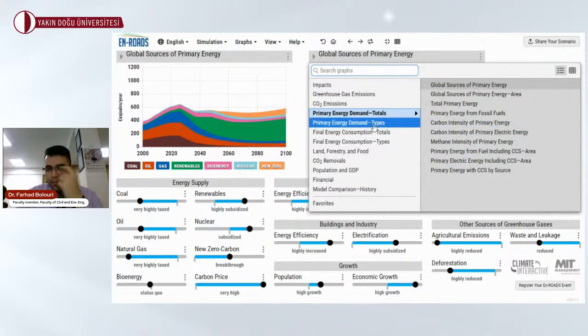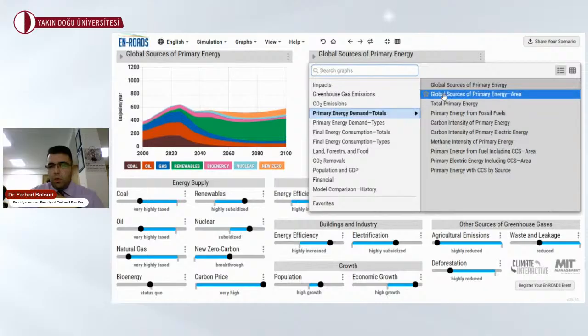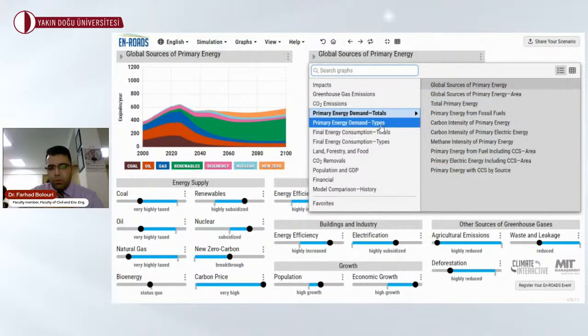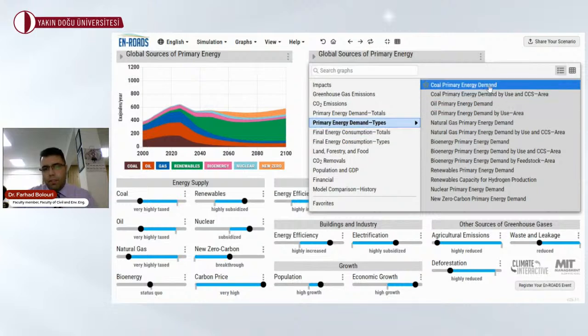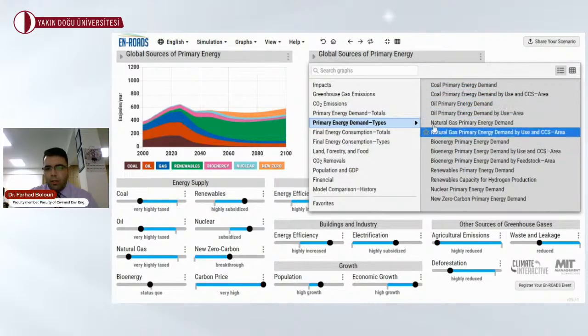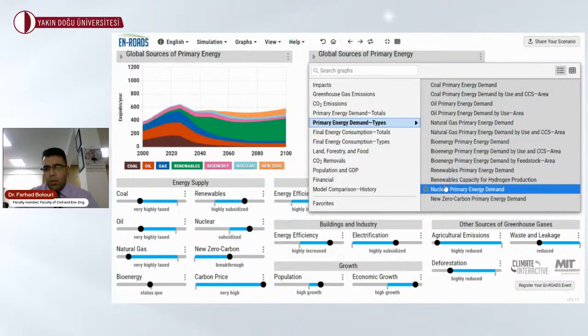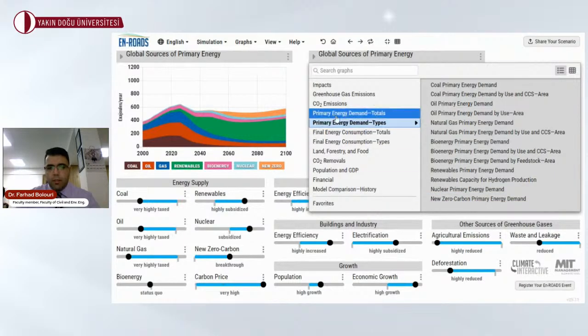The other ones, at home and now in your workshop, please go and see all of these. I'm just giving examples from these. Here you have the demand for each of these energy supplies: coal, oil, natural gas, bioenergy, renewable energy, nuclear, and net zero carbon ones.